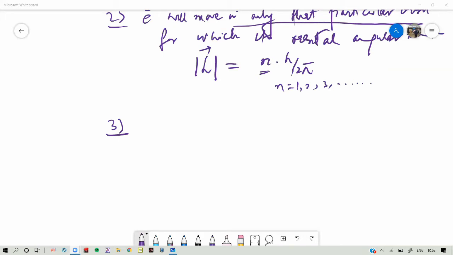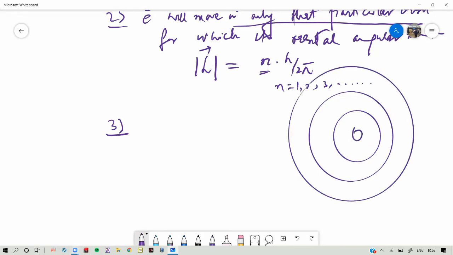So in response to that, Bohr proposed that, in spite of accelerated motion, since it is continuously moving around a charged center, when the electron moves here, it will be accelerated.